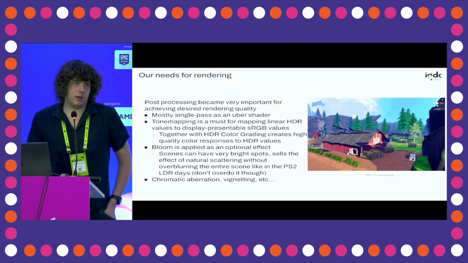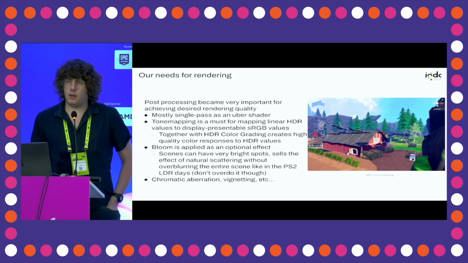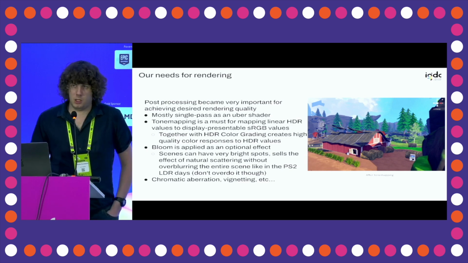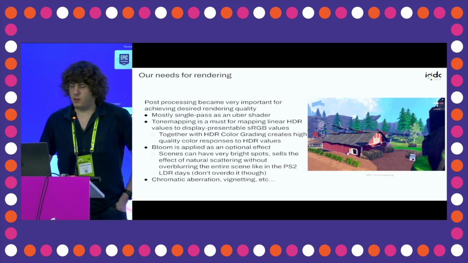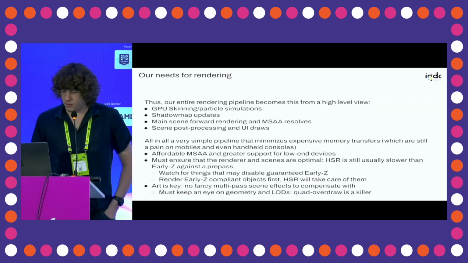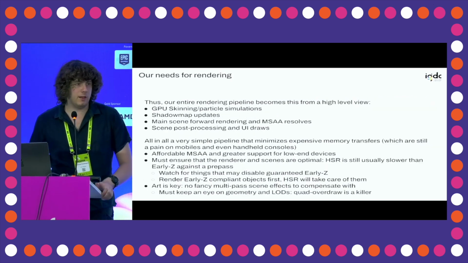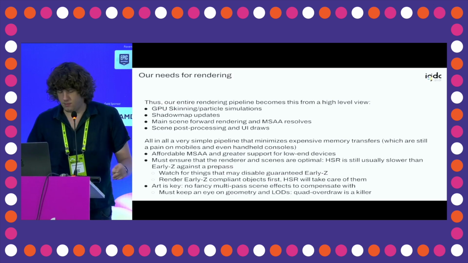But we had to make bloom a separate post effect that can be toggled on and off, and it's also HDR, so it does not smear everything. We can just constrain it to very high brightness pixels and leave everything else out of the way. So it's not like the PlayStation 2 LDR bloom that we had back in the day. So yeah, it turns out pretty simple from the high level.